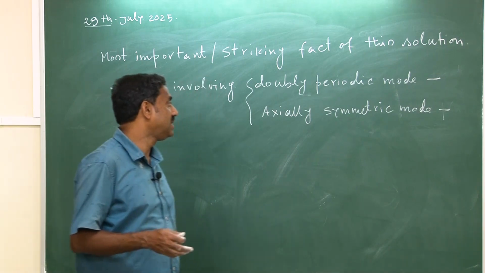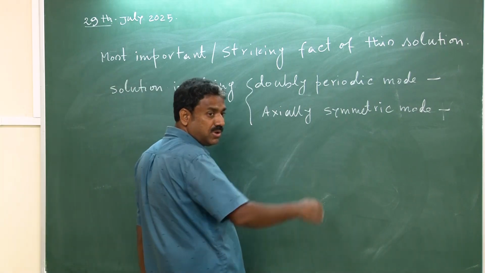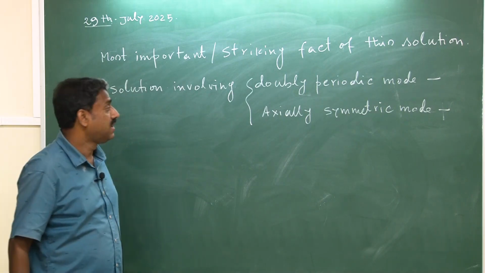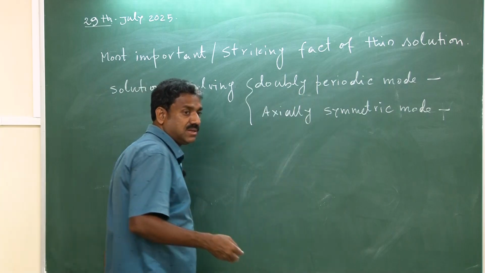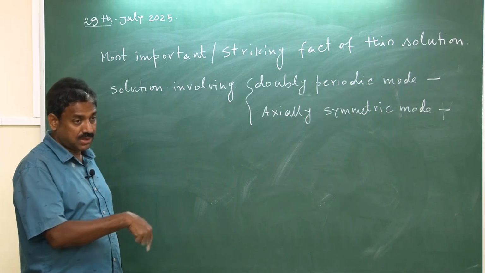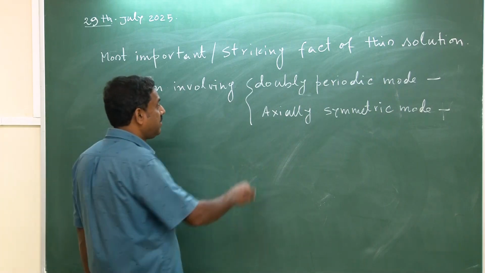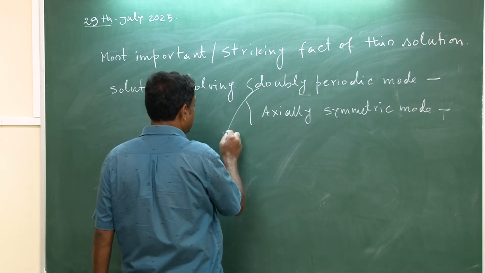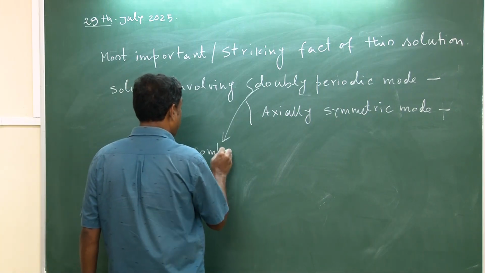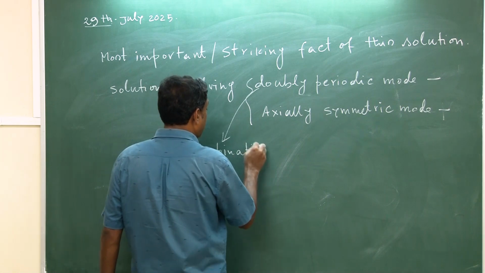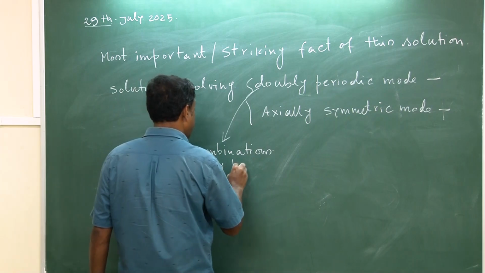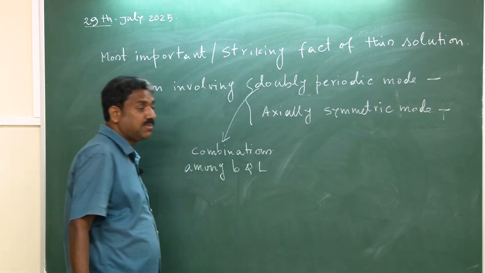Axially symmetric mode is the case where there is only a single wave number, and doubly periodic modes have several wave numbers along the whole circumference. Now, in doubly periodic mode there can be combinations of B and L, right? Combinations among B and L.